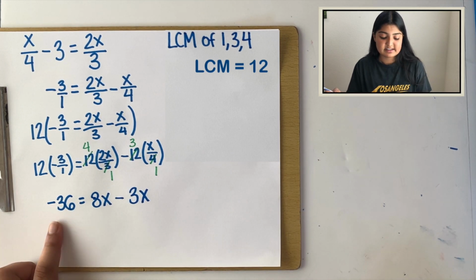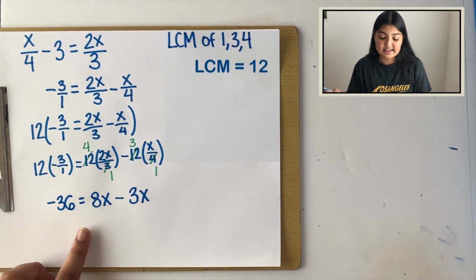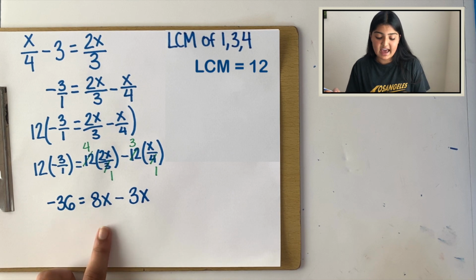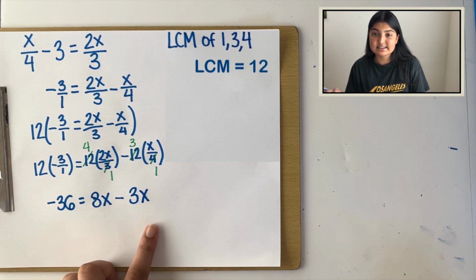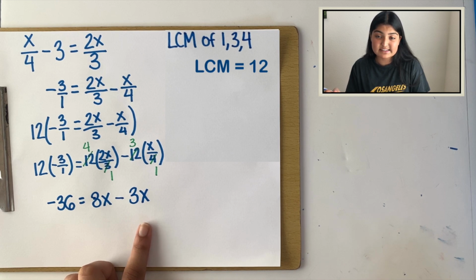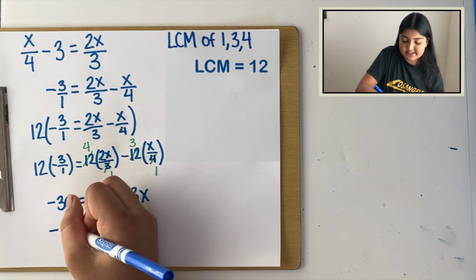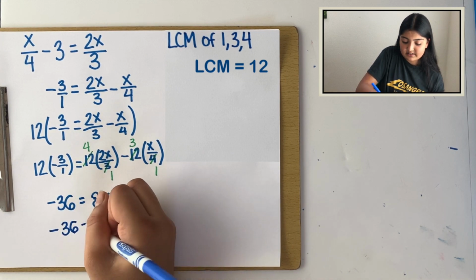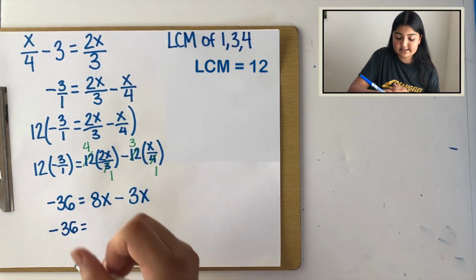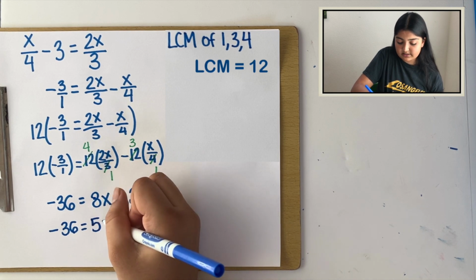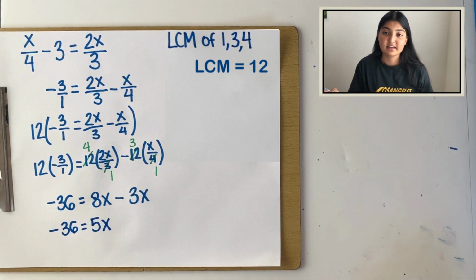So, -36 is equal to 8x minus 3x. We can simplify the right side of this equation, which gives us -36 is equal to 5x.